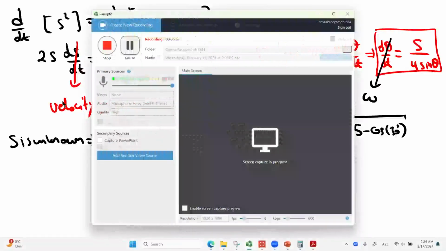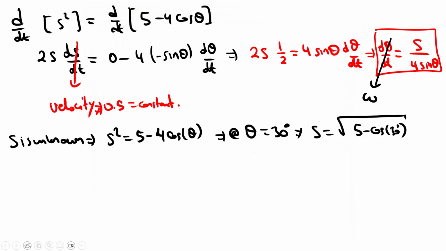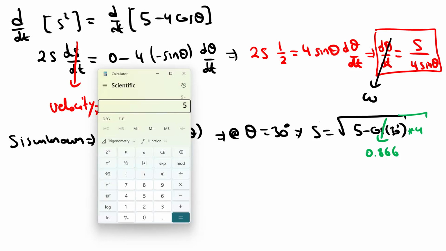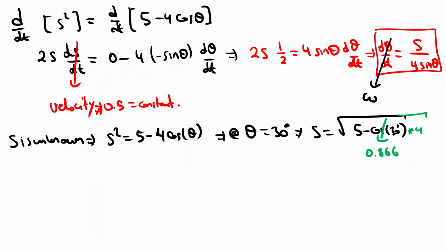Cosine 30 is, I checked, 0.866. So 5 minus 4 times 0.866, and the square root of it is 1.24.